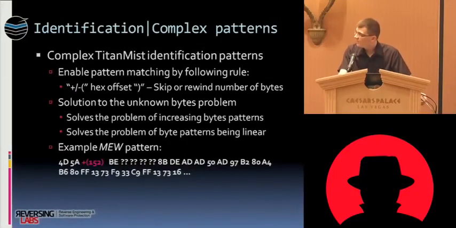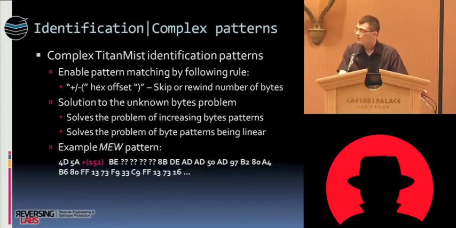So if we set the pattern matching from the beginning of the file and we match the first 2 bytes, which is just an MZ for the header, and we say, okay, jump a certain number of bytes, that would be 152 in the MEW case, so that's hexadecimal, and then we can just continue our pattern matching. So this will compact our signature. We don't have to have 152 hexadecimal wildcards, because there's really no need for this.